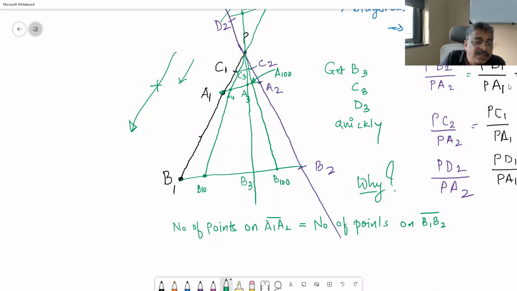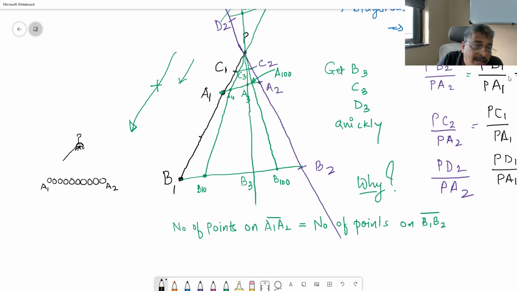Let us assume a situation where we have a P here. We change the color. We have a P here, and I have some balls put like this in a row. 1, 2, 3, 4, 5, 6, 7, 8, 9, 10. Let us call the first table tennis ball A1 and the last table tennis ball A2. And now from here, we are putting a light source. From P you are emitting light and it will go in a straight line, because light travels in a straight line.